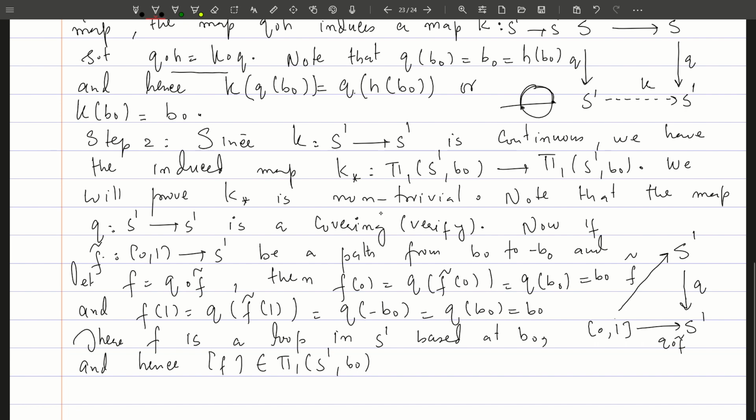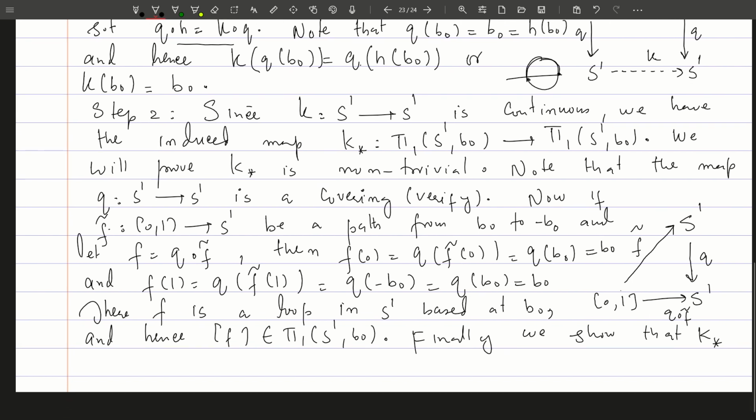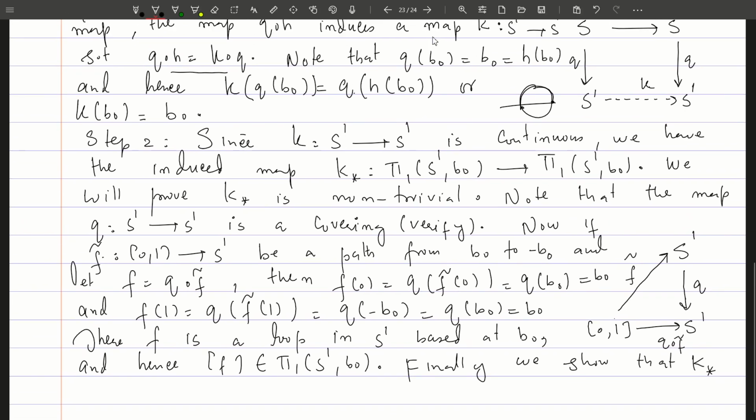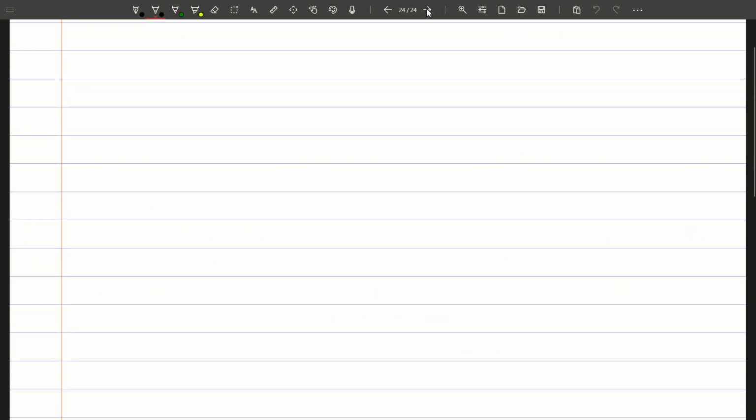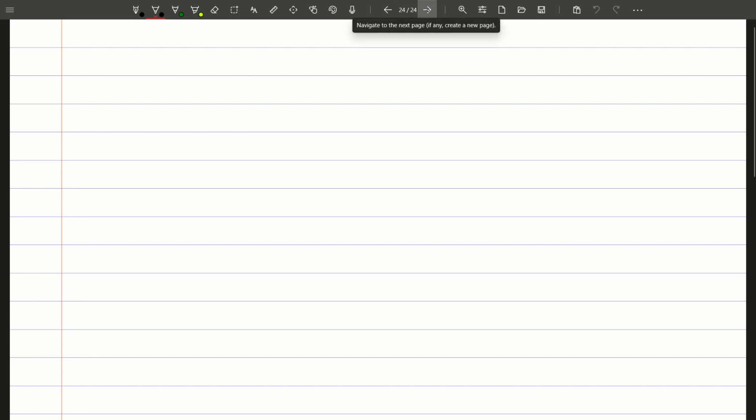Now finally we prove that k star is non-trivial. Let us move to the next page. So finally we show that k star is non-trivial.